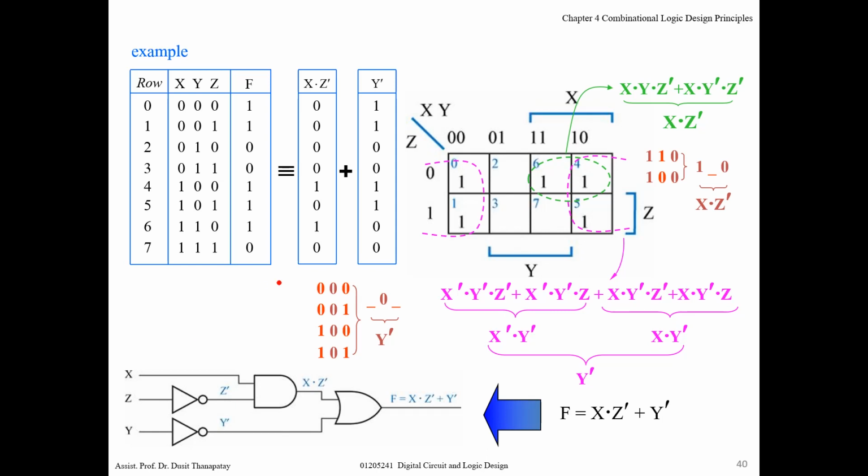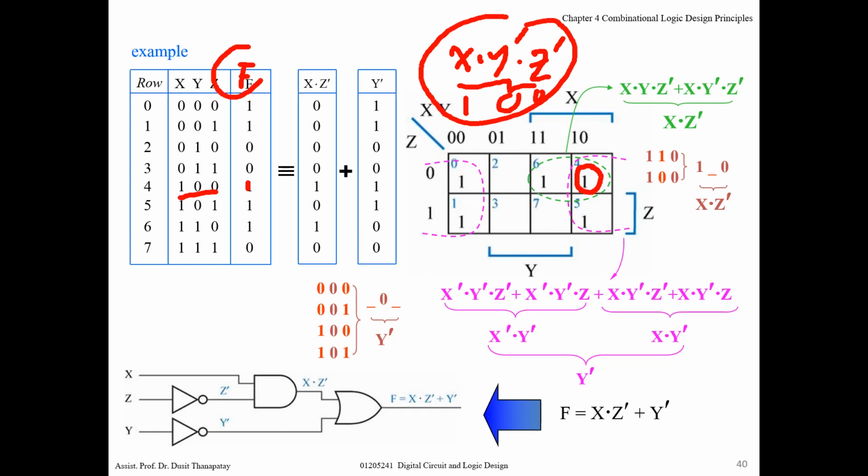If I start with this term, the term of this cell is what? 1, 0, 0, right? That is x and y prime and z prime. The input that makes this term be 1 is 1, 0, 0, and this 1, 0, 0 also makes function f be 1. That means this product term implies f.